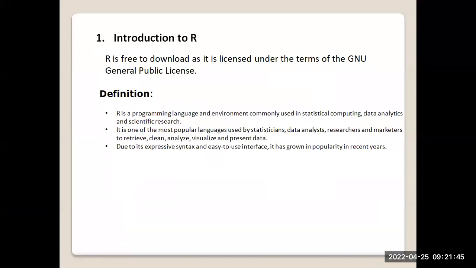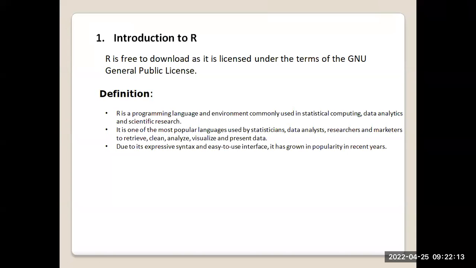What is R? R is nothing but a programming language which is basically used for statistical computing, data analytics, and scientific research. As I have given you the example of how it is used in this pandemic for analyzing different situations. It is used for analysis as well as predictions.